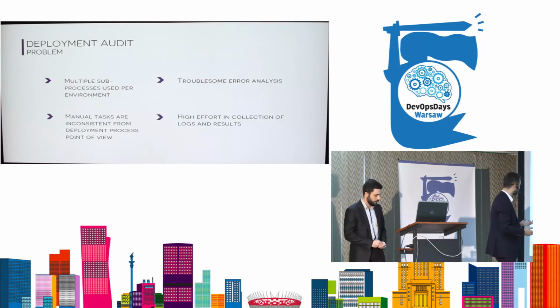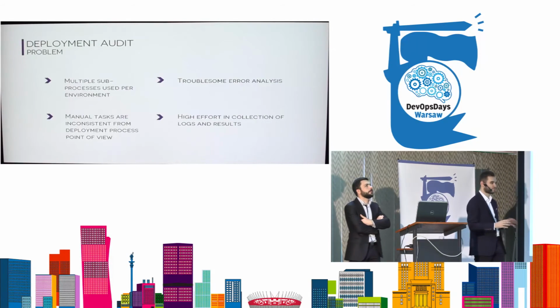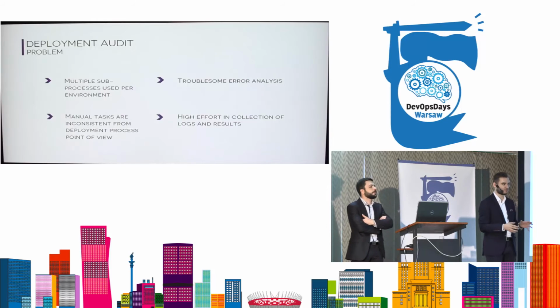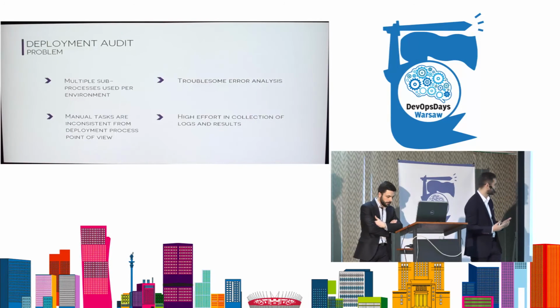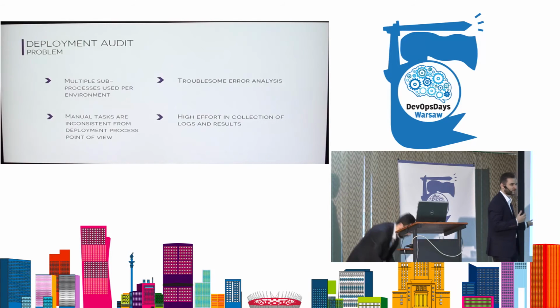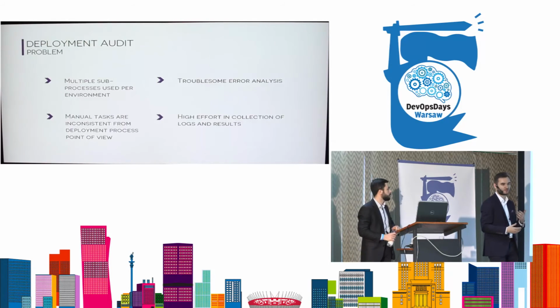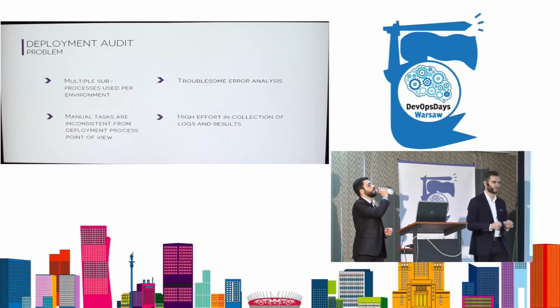So currently, if we do it manually, the deployment process usually starts many sub-processes on other environments and other components, and it's pretty hard to follow. It's not easy to link 2 different actions on 2 different machines or components together as one deployment process. What's even more difficult, the manual tasks that the administrator does during the deployment are inconsistent from the deployment process point of view.